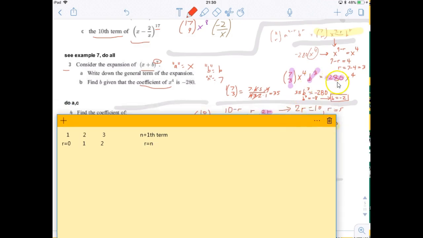So now I'm going to write a separate equation, which is going to be 7 choose 3 times b cubed. Oh wait, 7 choose 3. What is that? Remember, 7 choose 3 can be found using the combinations formula that's on the formula sheet, which is n factorial divided by r factorial times n minus r in parentheses factorial.